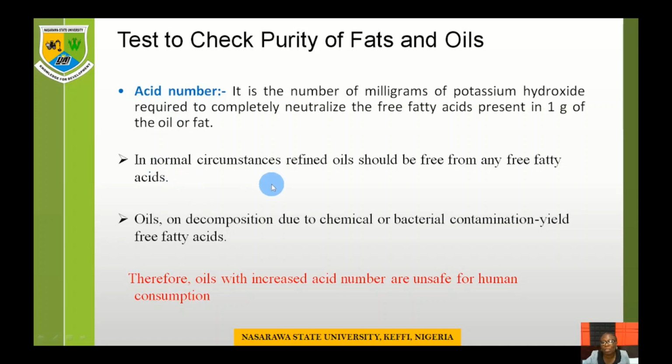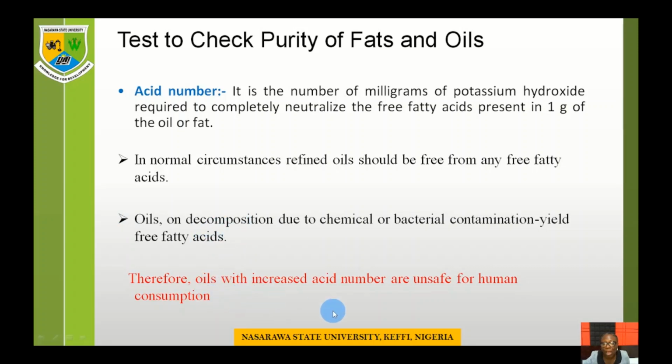So in normal circumstances, refined oils should be free from any free fatty acids. Oil on decomposition due to chemical or bacterial contamination yields free fatty acid. So what we are saying is that triacylglycerols are esterified, so the fatty acids are not supposed to be free. But oil can decompose due to chemical or bacterial contamination, and when this happens, it shows that the oil is not good.